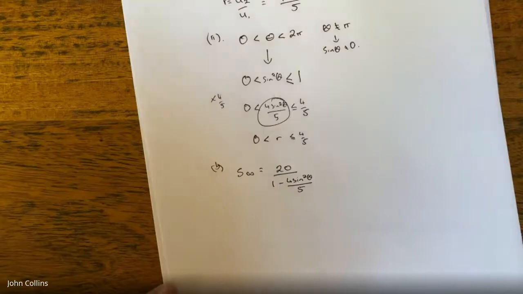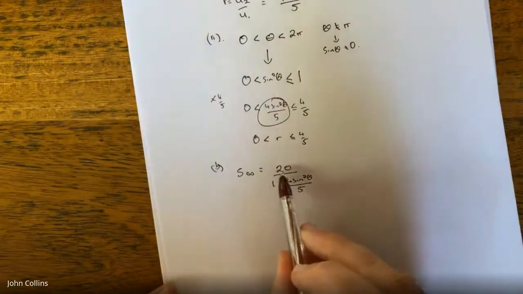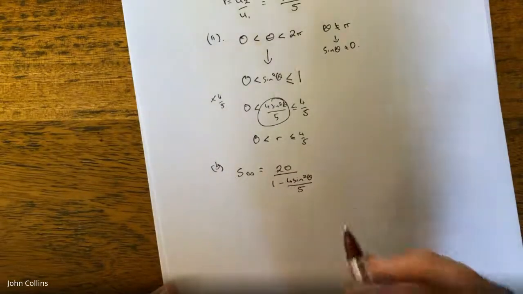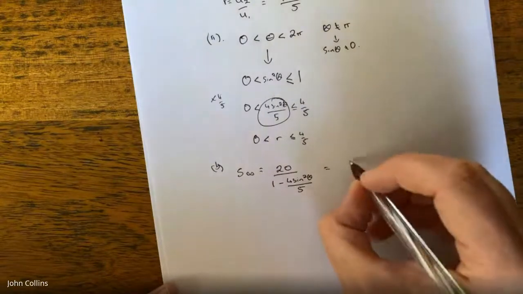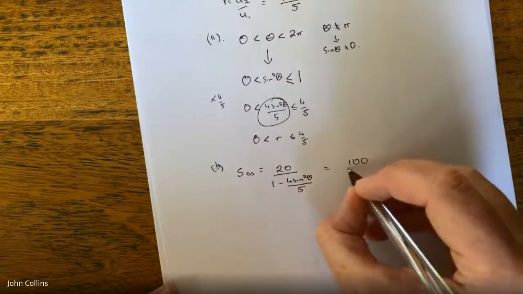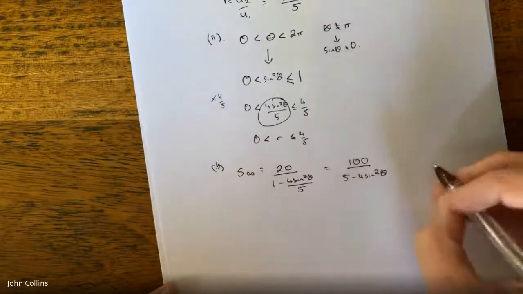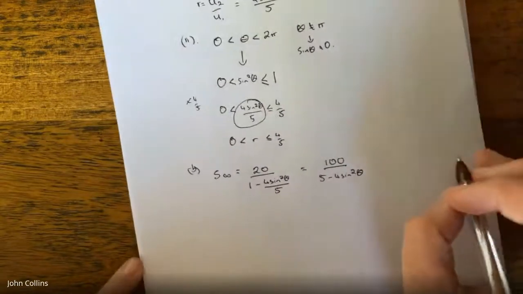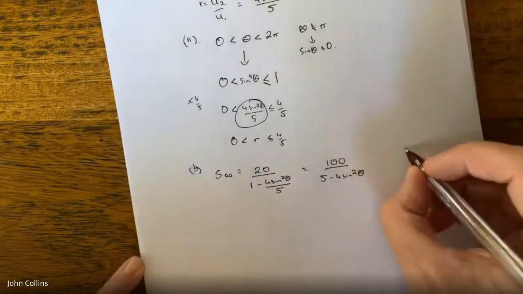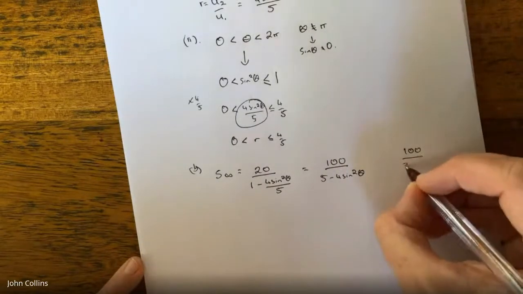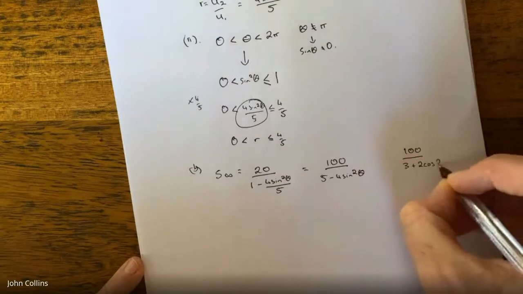So that's the sum to infinity, just from the formula. The first term is 20, and this is our ratio. You can do a little bit of rearranging of that, and you get 100 over 5 minus 4 sine squared theta. Now, the question said, show that it equals 100 over 3 plus 2 cos 2 theta.